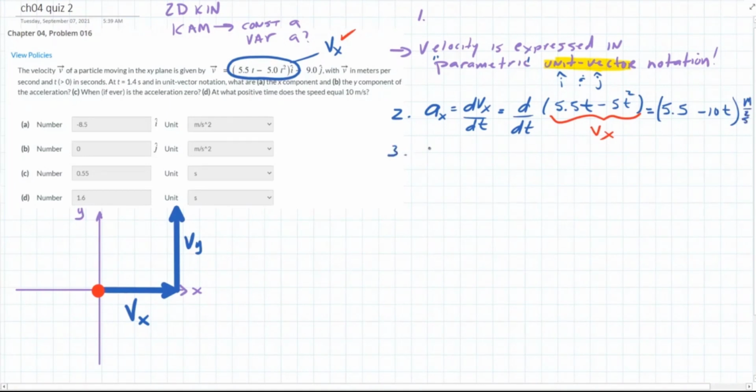So number 3, at time equals 1.4 seconds, a sub x equals 5.5 minus 10 times 1.4 seconds.